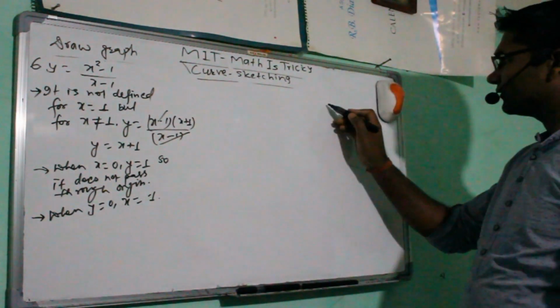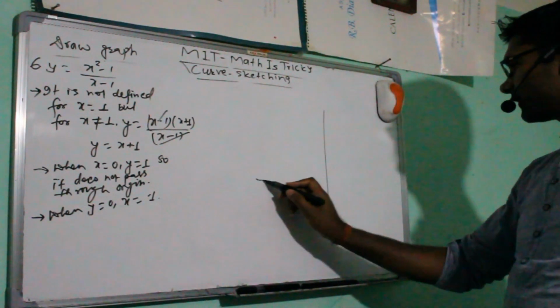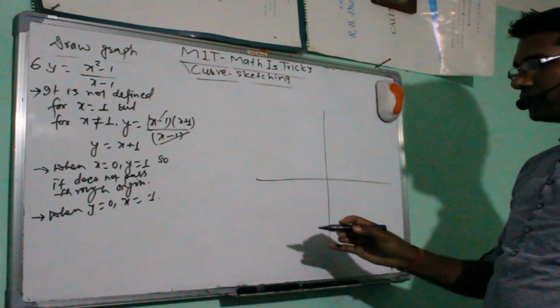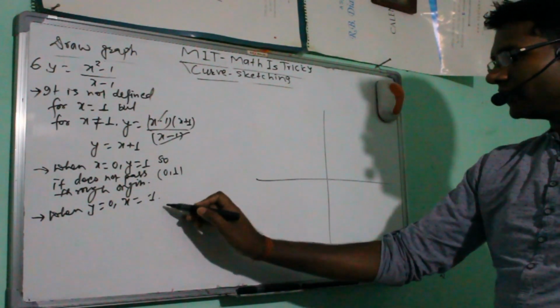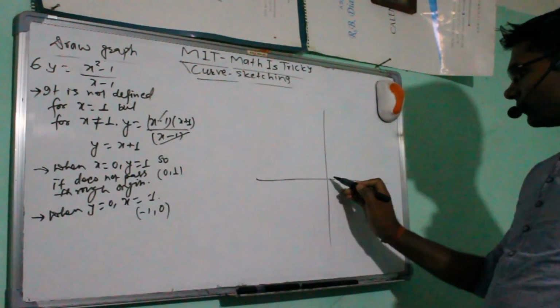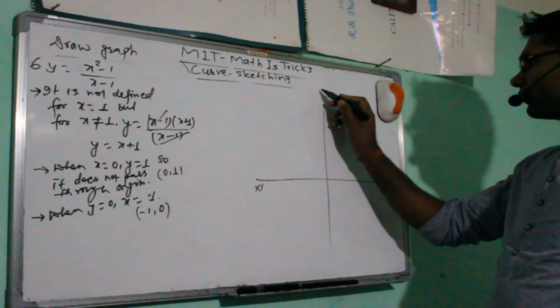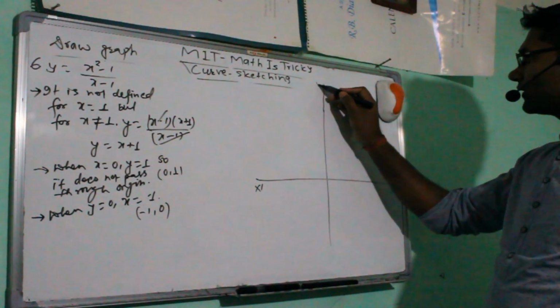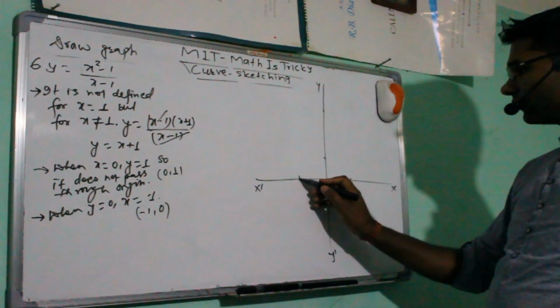Let's see now what we can do here. It is not passing through the origin. From this it passes through (0, 1), and from this (minus 1, 0). So the x-axis, and the y-axis is this here, y dash.